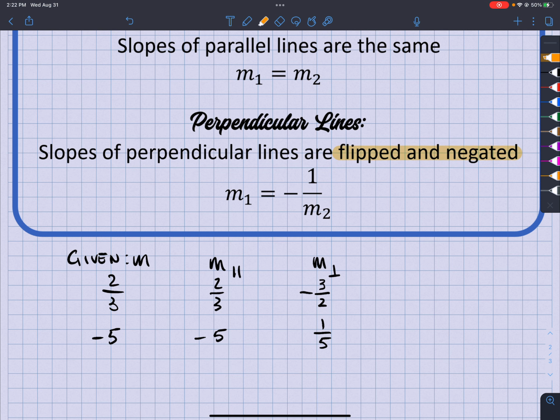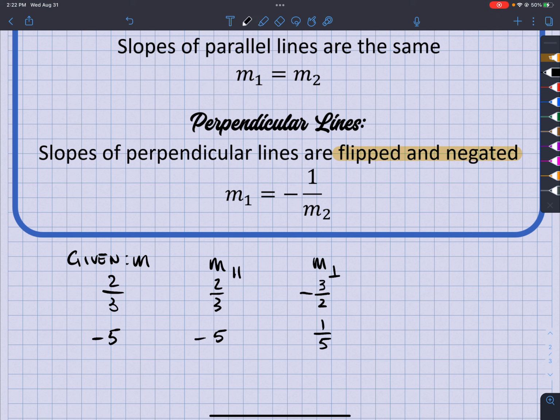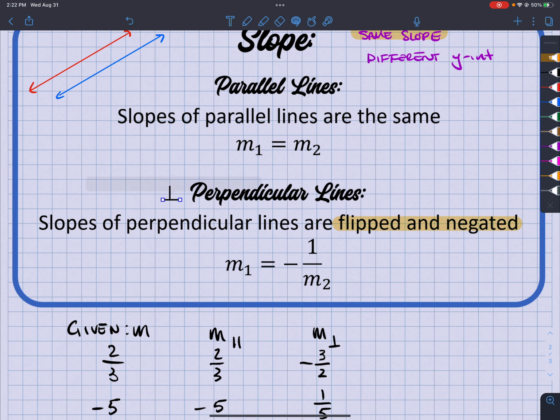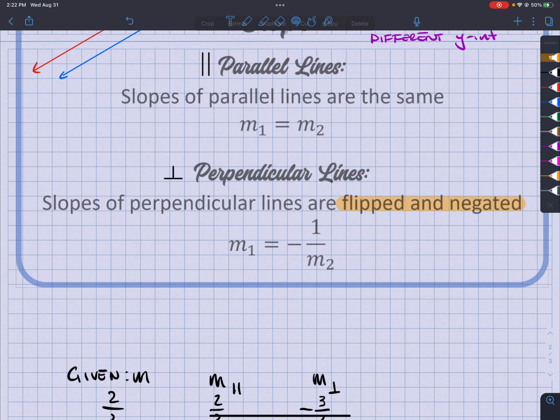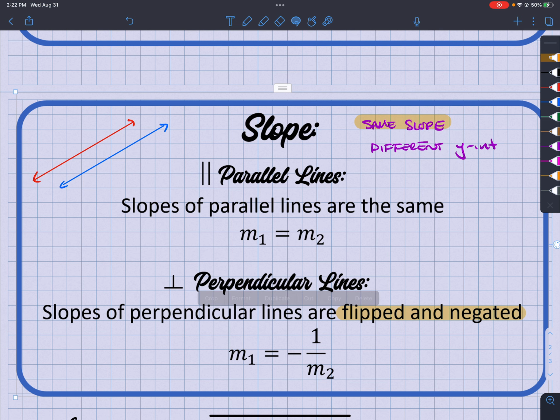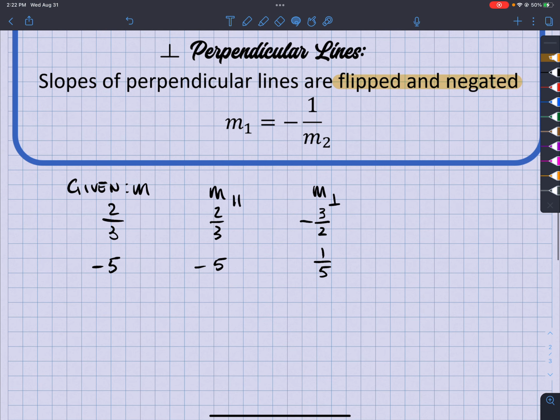And again, just as a reminder, perpendicular has this symbol right here, and parallel has this symbol here. There we go. So that's the difference between parallel and perpendicular. Hopefully that helps.